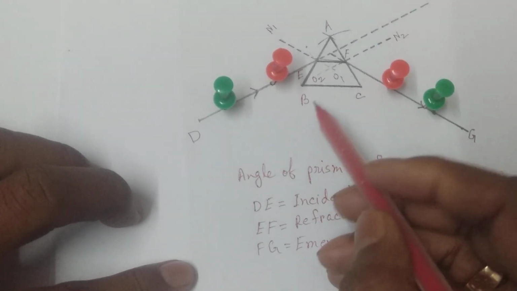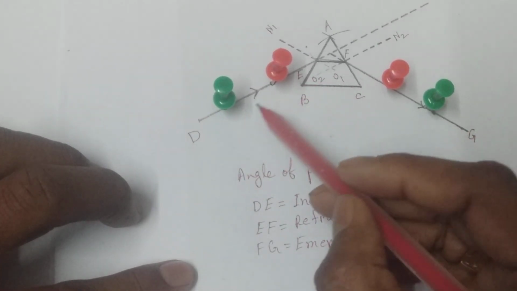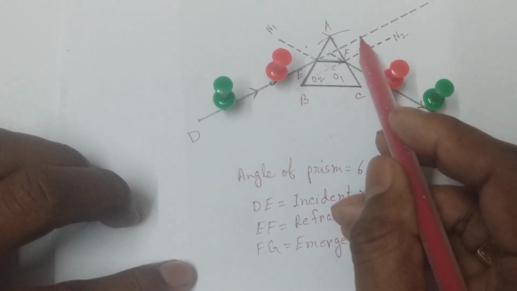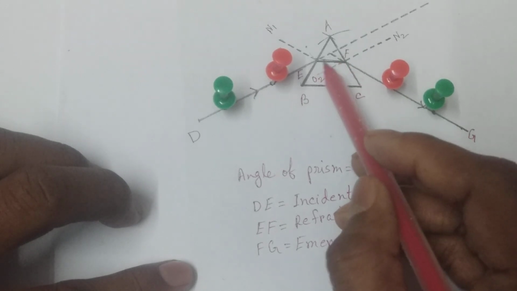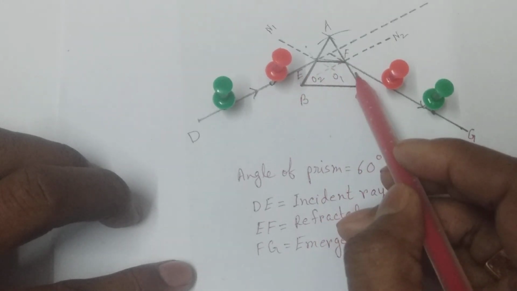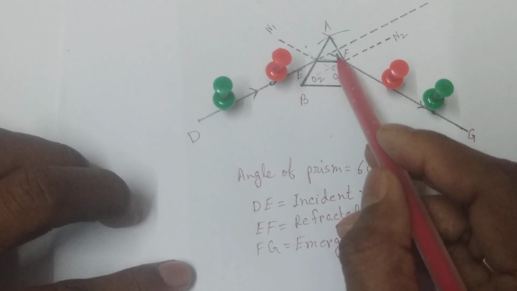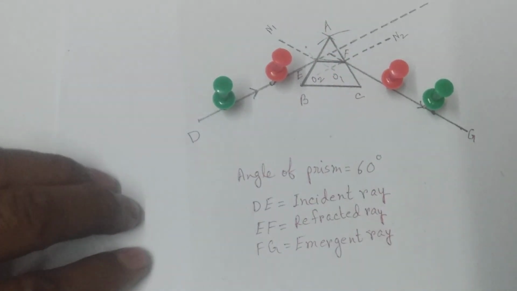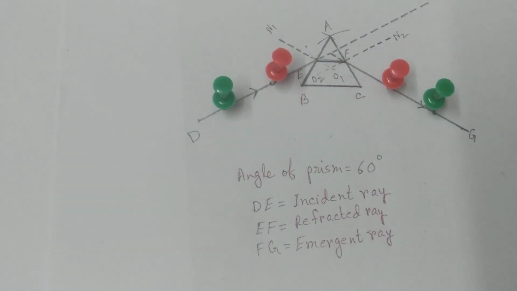What is the angle of deviation? Here you see, if this is the incident ray, it will go in this direction if there is no prism in between. Since there is a prism, there is a deviation of this incident ray in this direction. How much deviation? This angle is the angle of deviation. Let us measure the angle of deviation of this prism. In this prism, this is the incident ray, this is the refracted ray EF, and FG is the emergent ray, right?